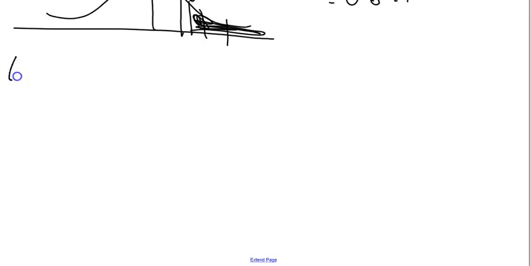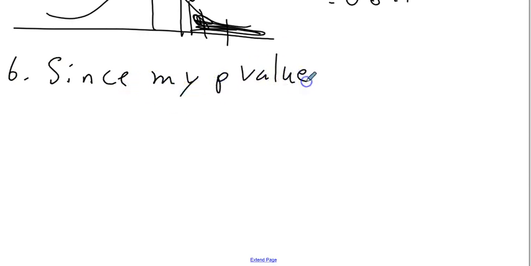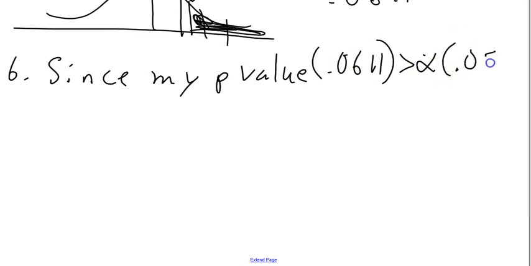Step 6. Everybody's favorite part. Since my p-value of 0.0611 is greater than my alpha of 0.05, we fail to reject the H0, or the null hypothesis.